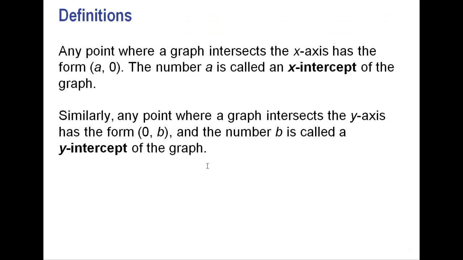When we talk about an x-intercept and a y-intercept, those are just where the functions cross the x and y axes, right? So the x-intercept is where it intercepts or intersects, crosses the x-axis, and the y-intercept is where it crosses the y-axis.